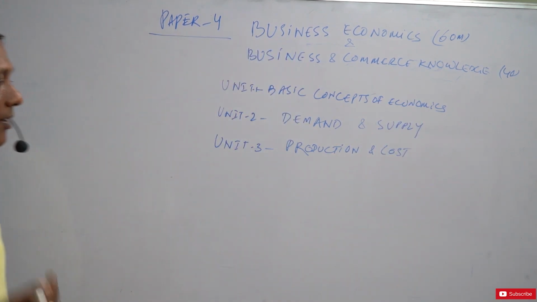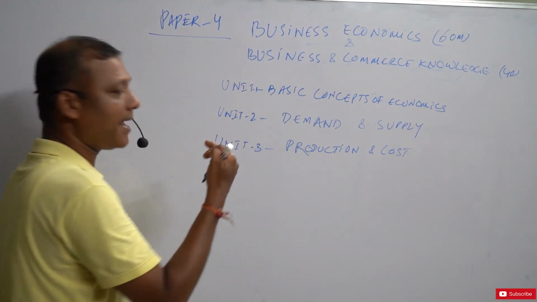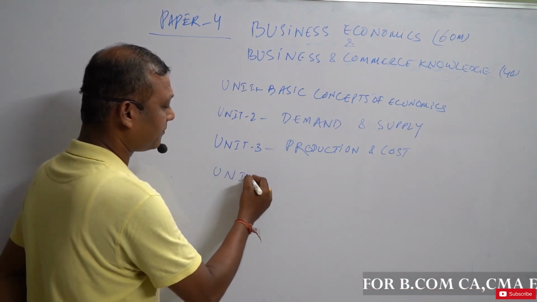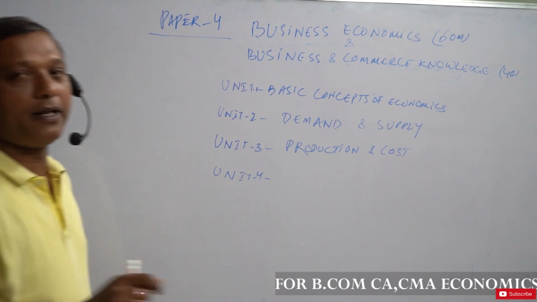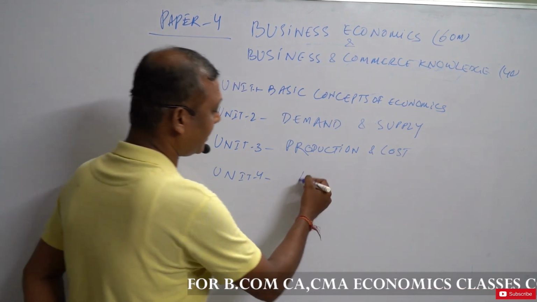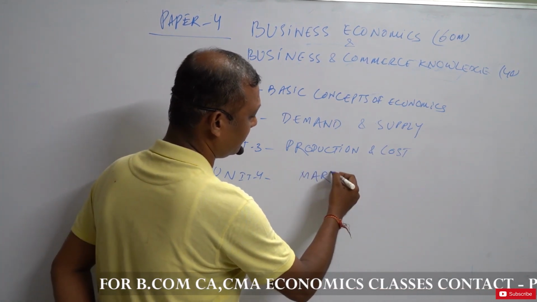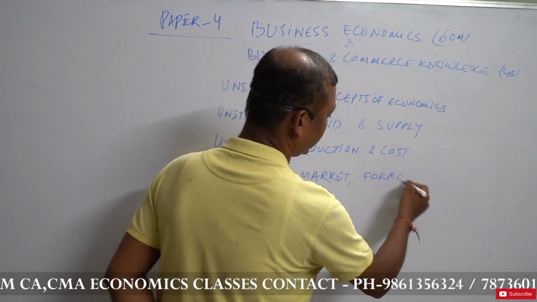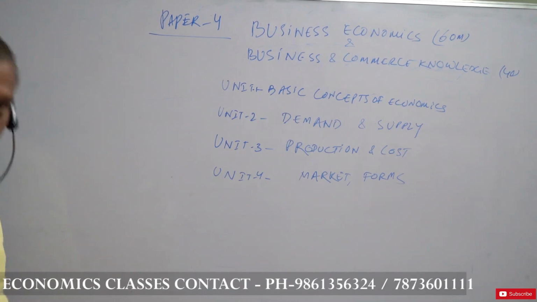This will be your Unit 3, production and costs. Unit 4 will be the chapter about the market, different forms of market. This will be your Unit 4.